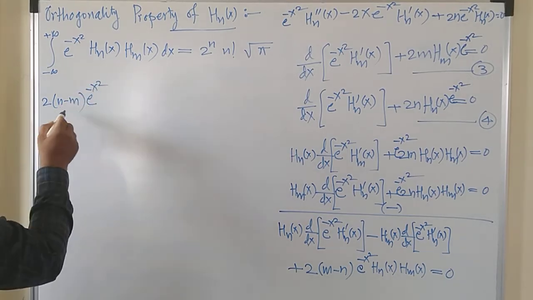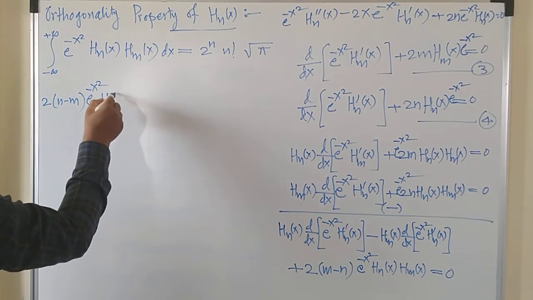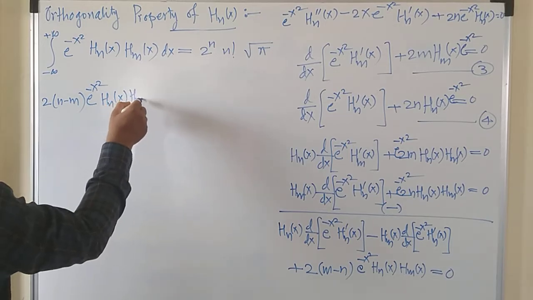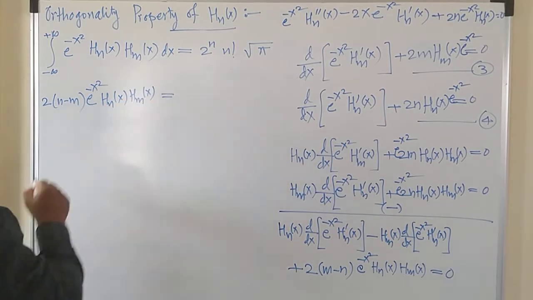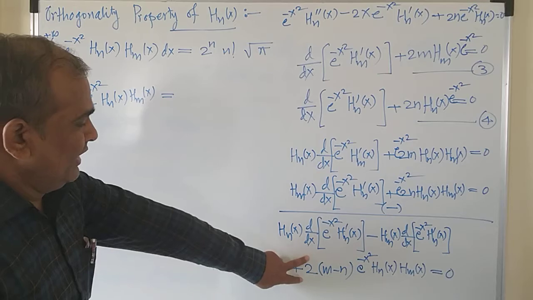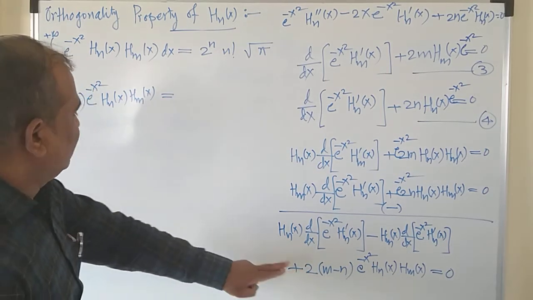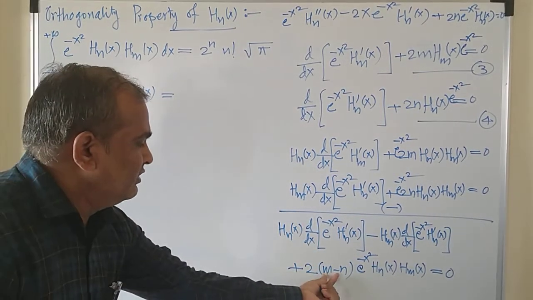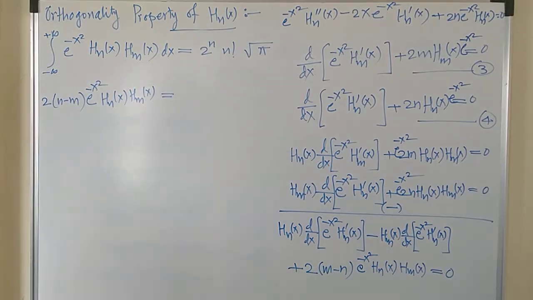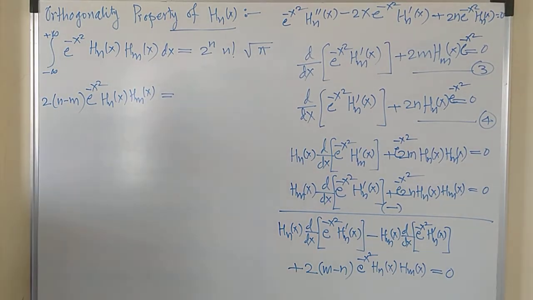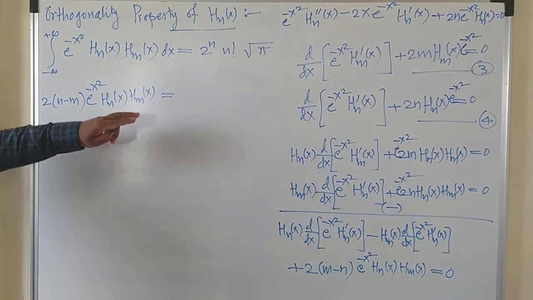to minus x square Hn of x into Hm of x, and this is equals to, this is already on the other side with a negative sign, but the negative sign is written as a positive by changing these n and m positions, right? And this is equals to, this can be written as Hm of x, that means this side, other side.